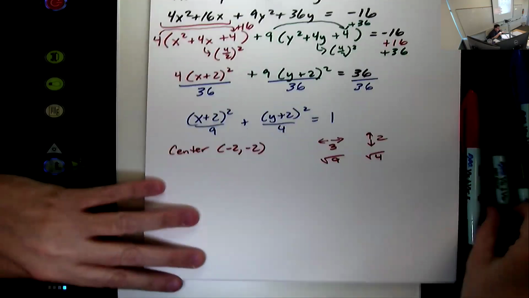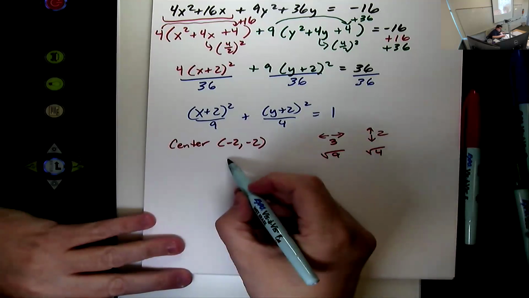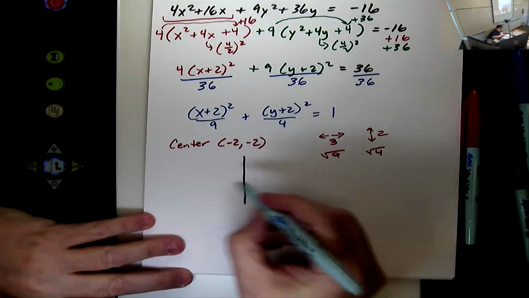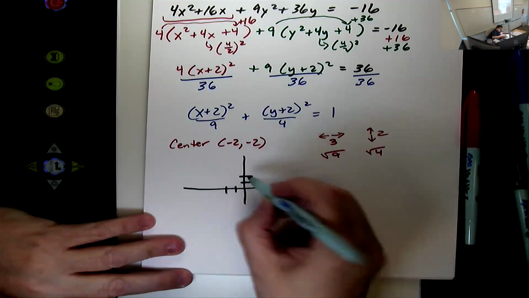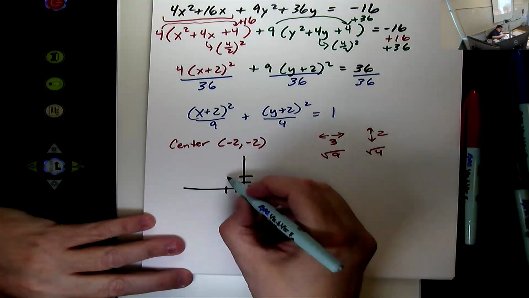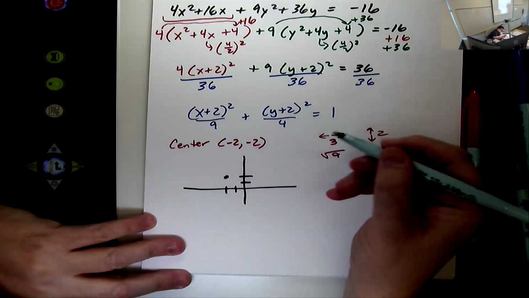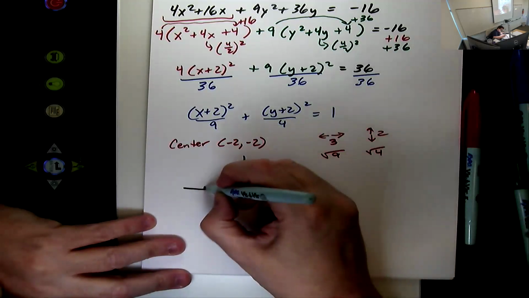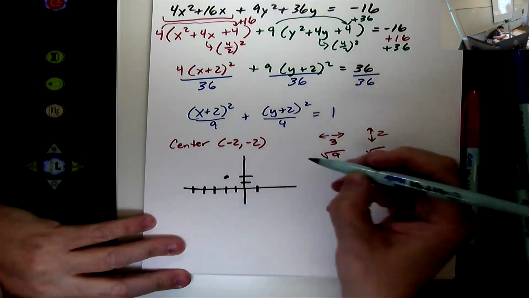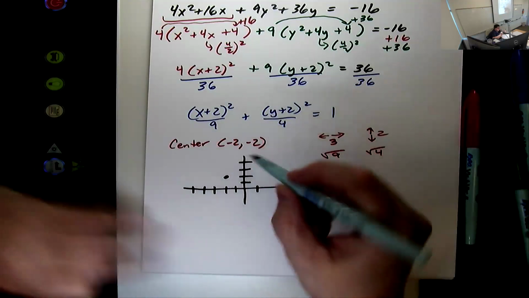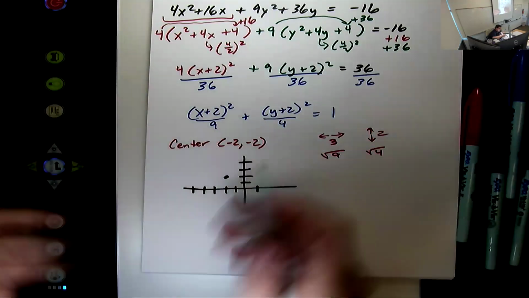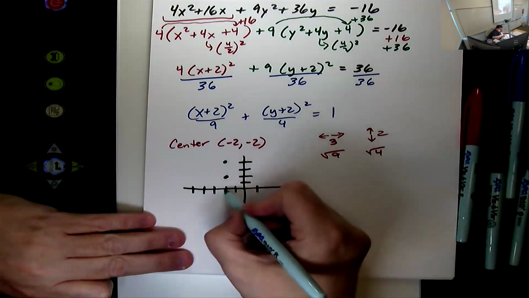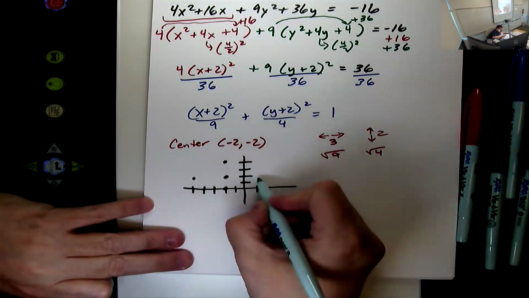So that one's actually not too bad to graph. Let's do it. Up or down 2, left or right 3.